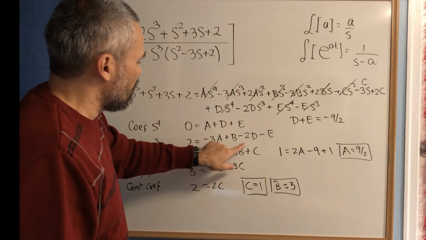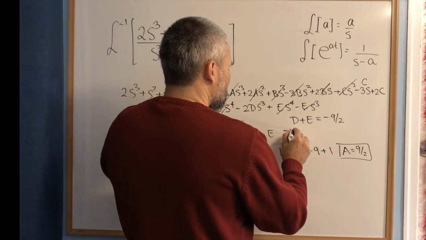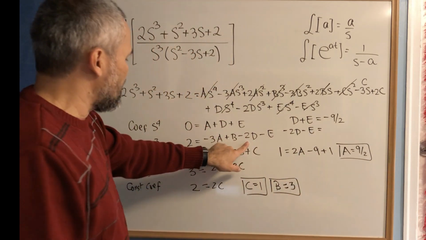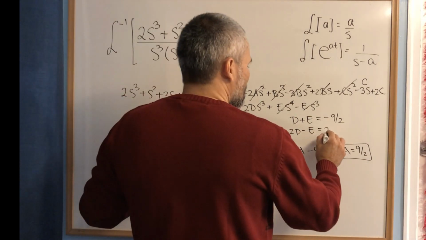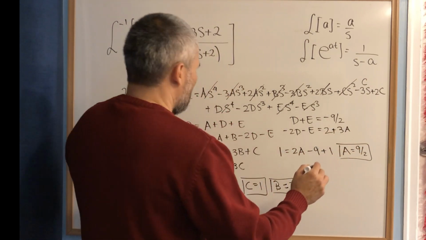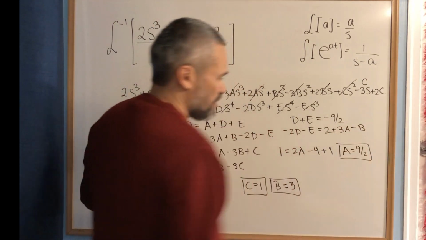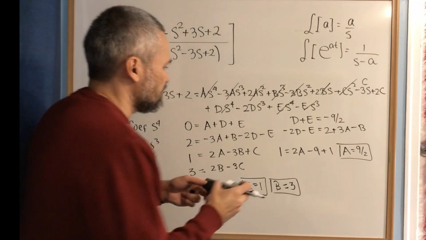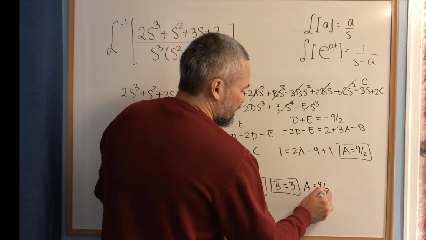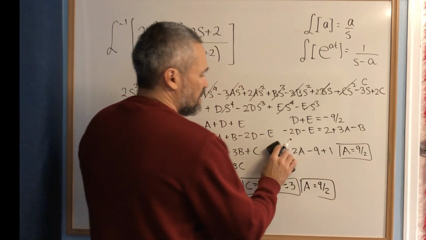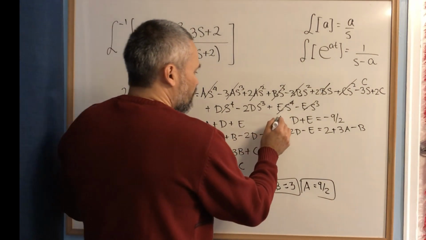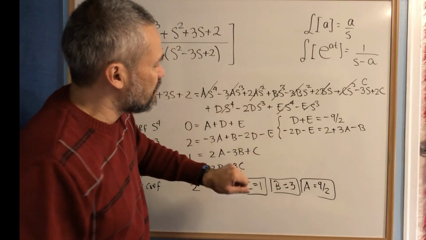And from here, we have that negative 2d minus e must be equal to 2 plus 3a minus b. A is 9/2, we already know that, and we are solving just for d and e. Everything became just these two equations.